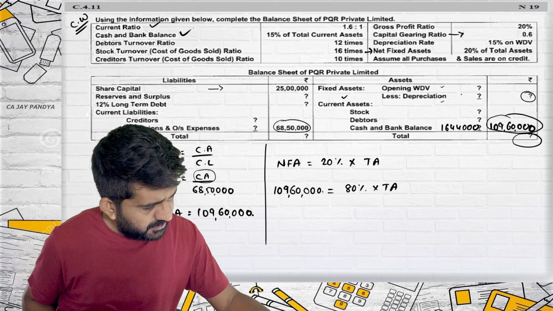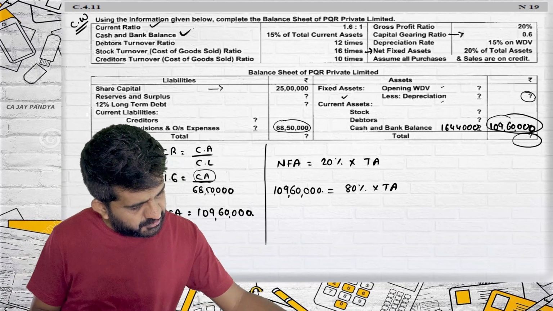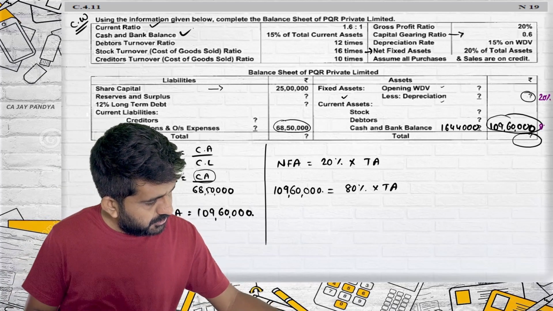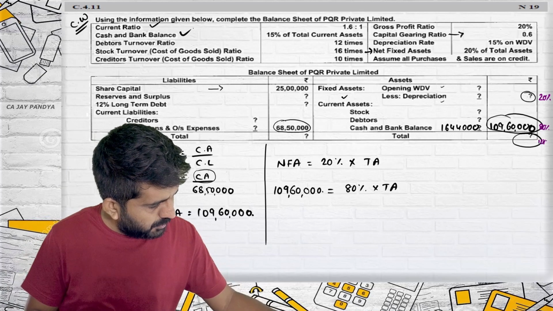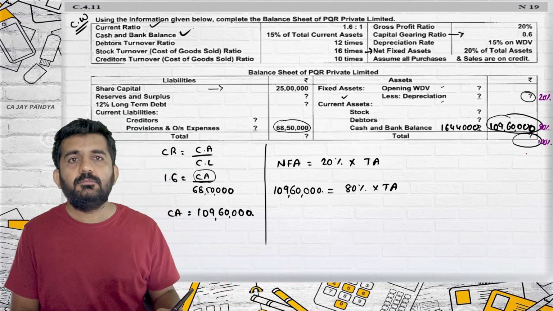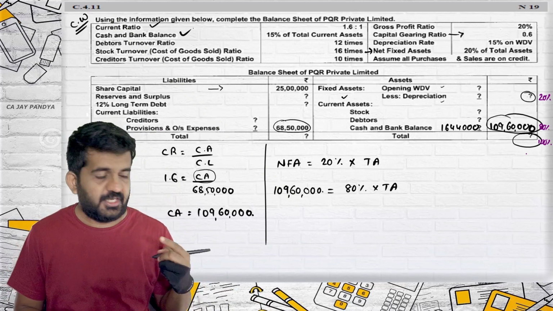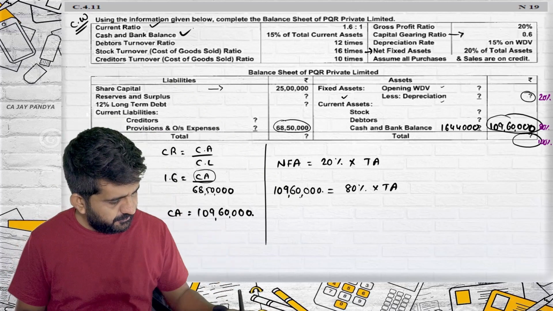See, if this figure is 20% of total asset, let me change the color. This will be 80% and this will be 100%. What is 100%? Total asset. What is 80%? Current asset. And what is 20%? Fixed asset.